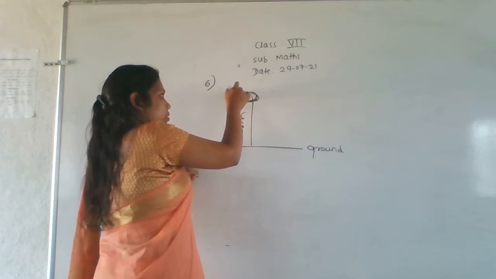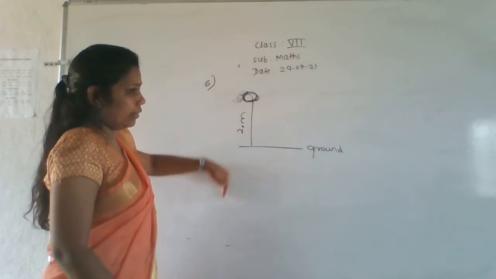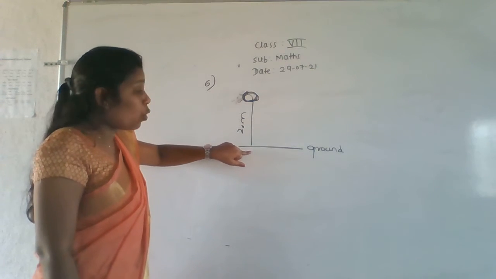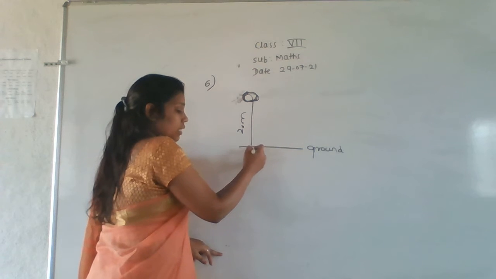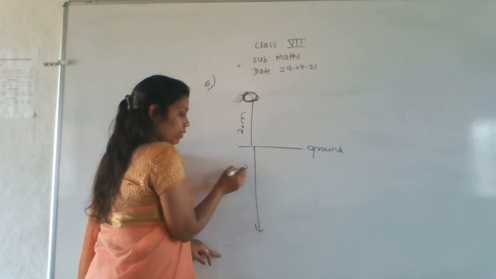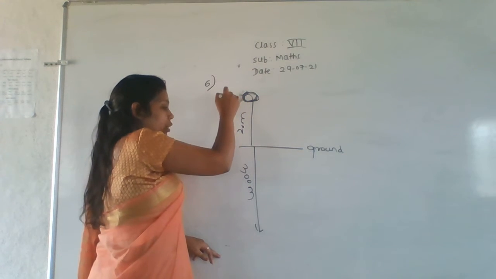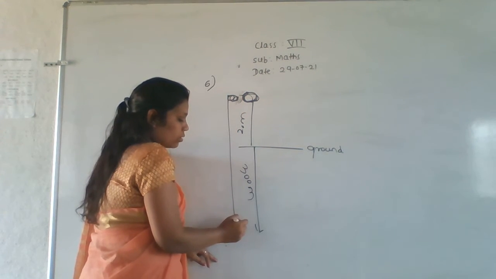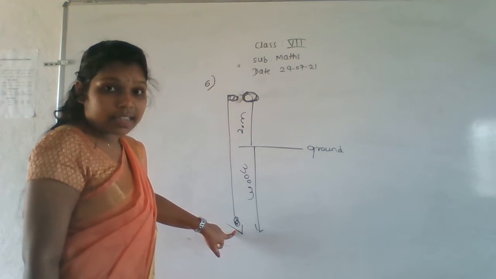The initial point is this one, and it is going down like this. And they told below ground level the 300 meter. So from this point to this point, what is the time taken to reach this much distance they are asking here.